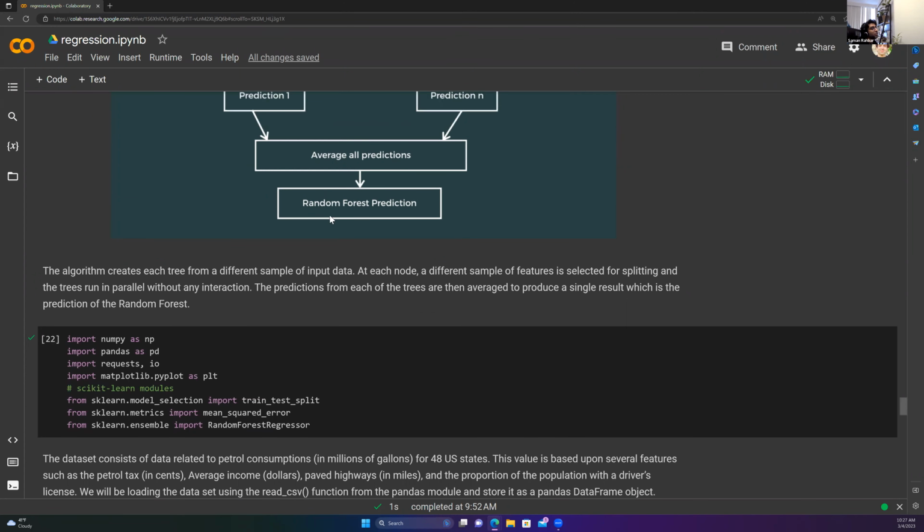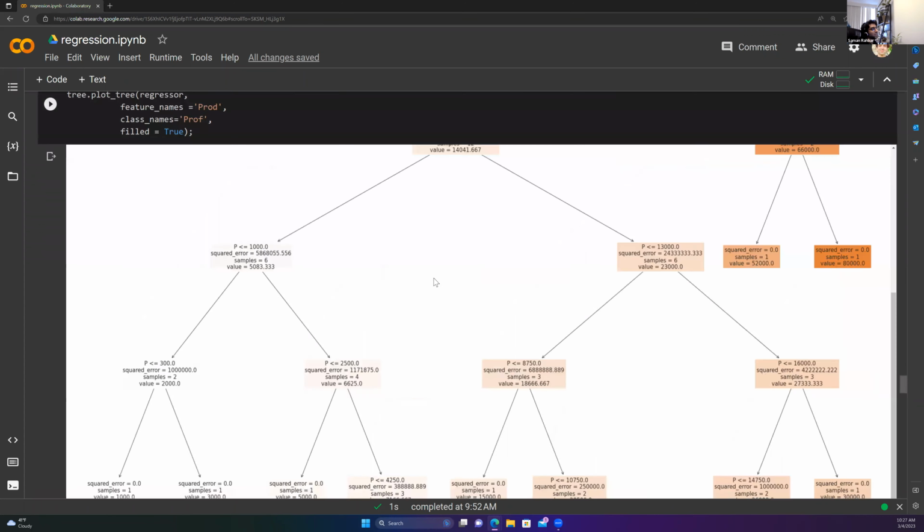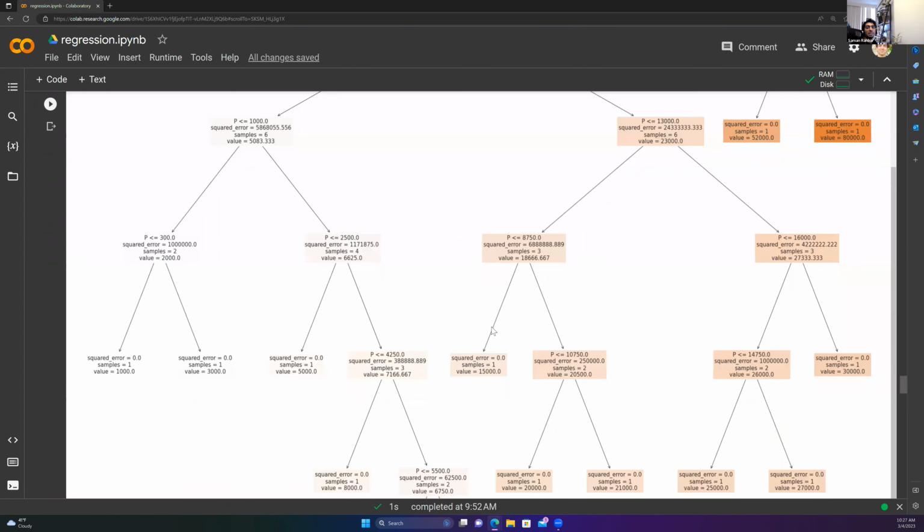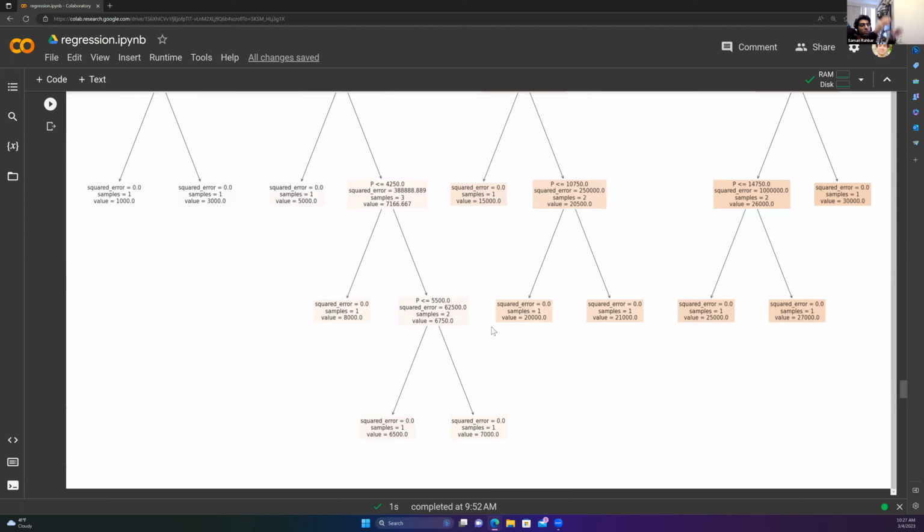You subset your data set into multiple subsets, create multiple decision trees based on those subsets, and train each one of them in parallel with no interaction with each other.